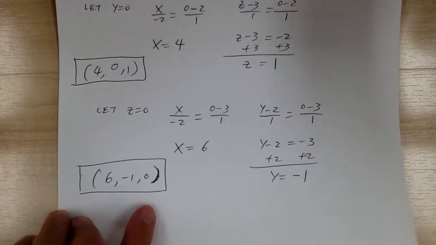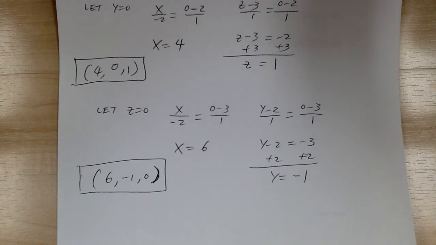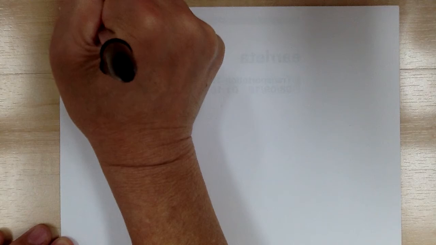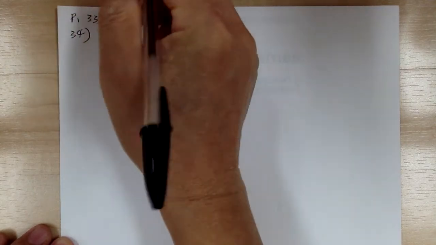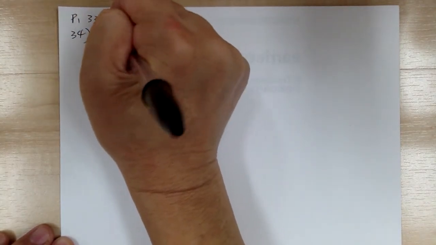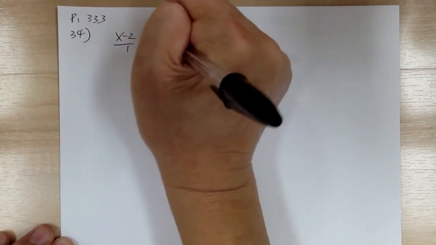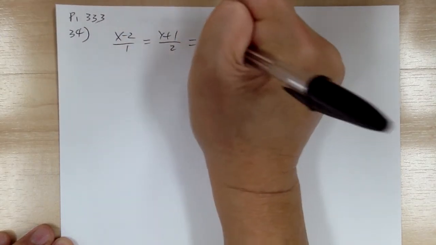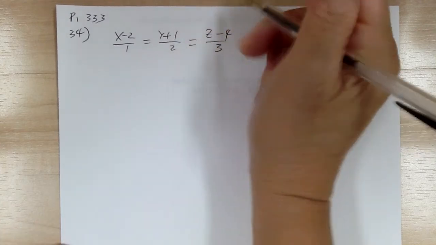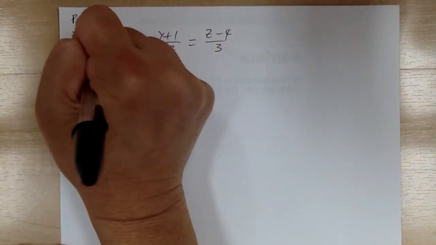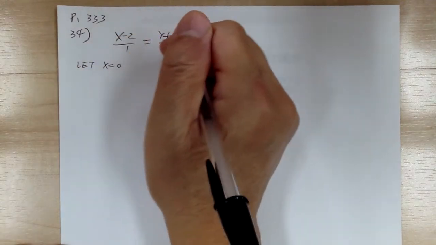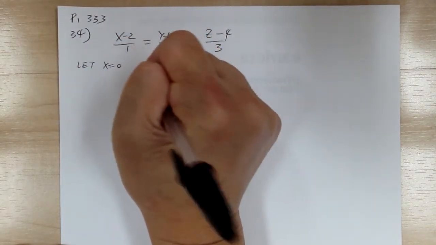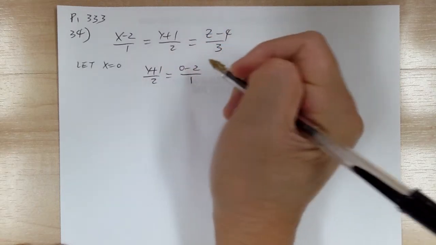Okay, let's go to number 34. Okay, so number 34, same way. You have x minus 2 over 1 equal to y plus 1 over 2 equal to z minus 4 over 3. Okay, so you can let x equal 0. So you have y plus 1 over 2 equal to 0 minus 2 over 1.